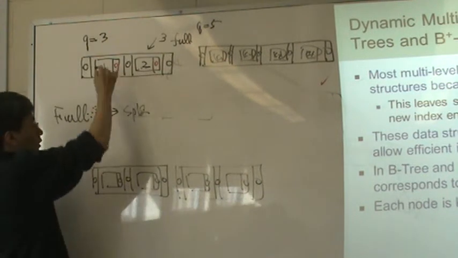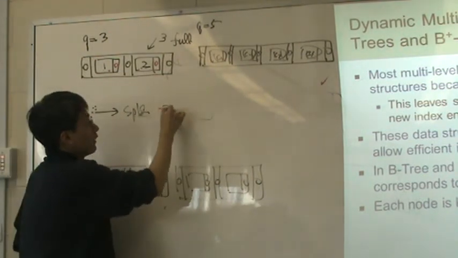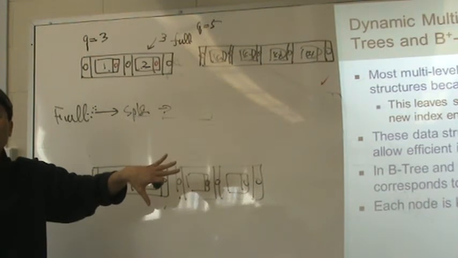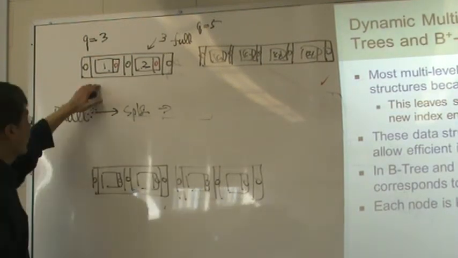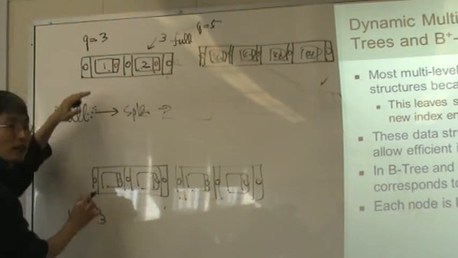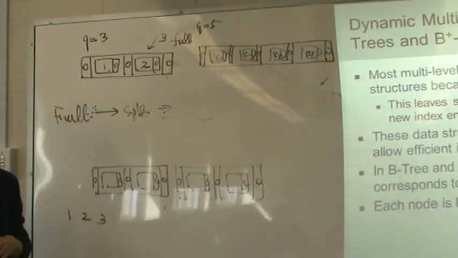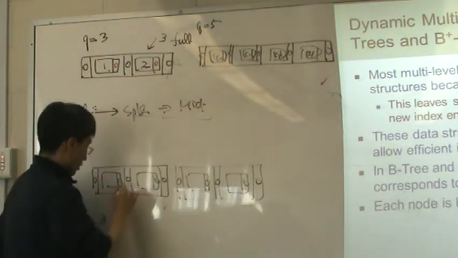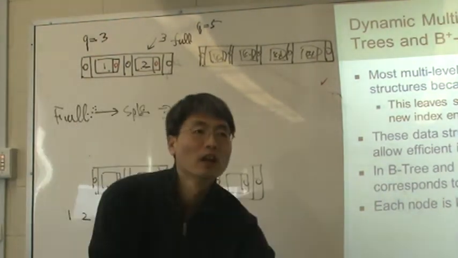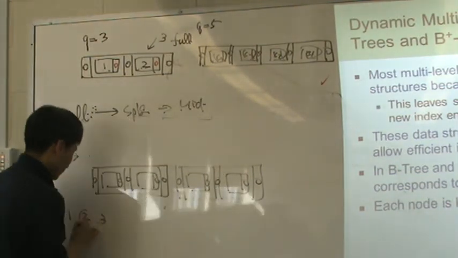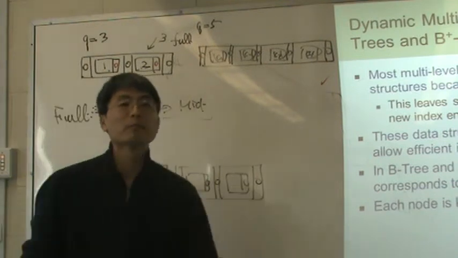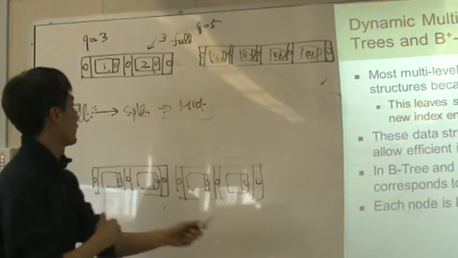Then how? So first the split, then we can divide into 2, right? So how many data right now do we have? 1, 2, 3. We have 3 index keys, right? So decide the middle value. Find the middle value. Which one is the middle one? 2. Then 2, the middle value, will be promoted.